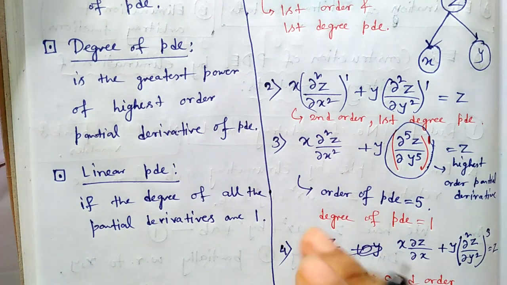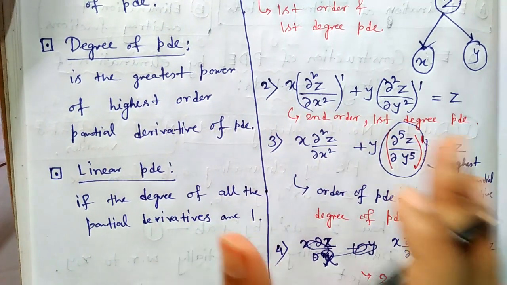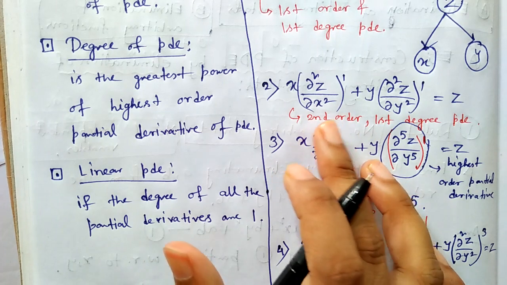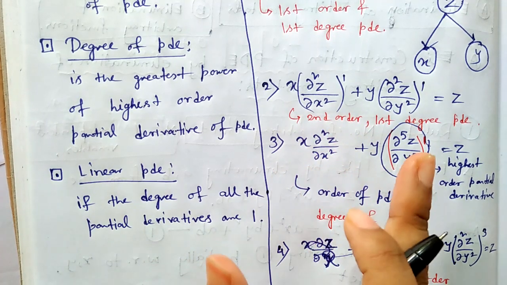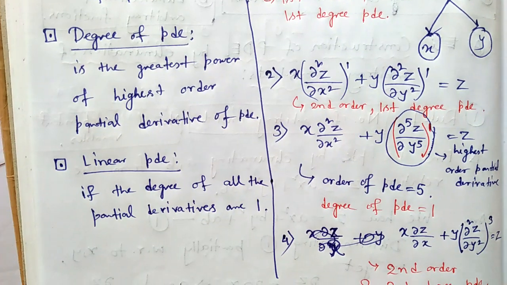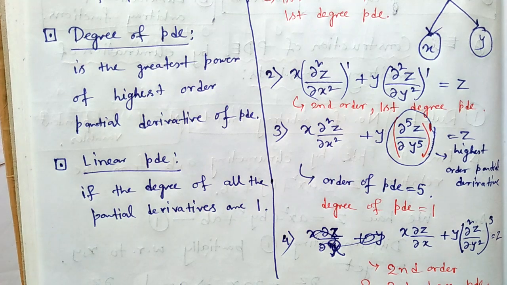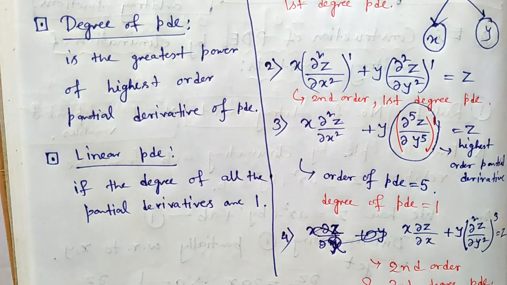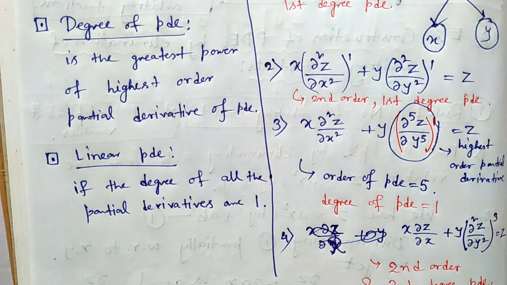That is, in the PD, if each of the partial derivatives is of degree 1, then that PD is called linear PD. So linearity depends on the degree of the PD, and the degree must be equal to 1. If not, in that case the PD will be called a non-linear PD. Okay. So next we come to the point that is formation of PD.